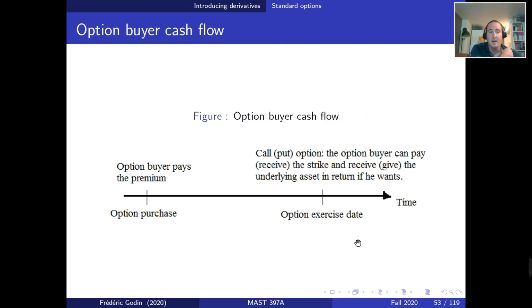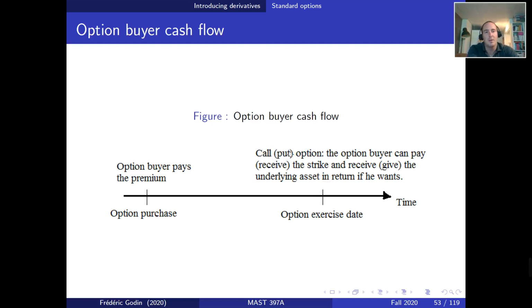Okay, so this small picture illustrates the cash flow. If you're the option buyer, then at the initial time step, or the inception, you purchase the option, so you pay a premium to the option seller, and then at the time of the exercise, if you decide to exercise the option at some point, I'll do it for the call option, but it's the opposite for the put option.